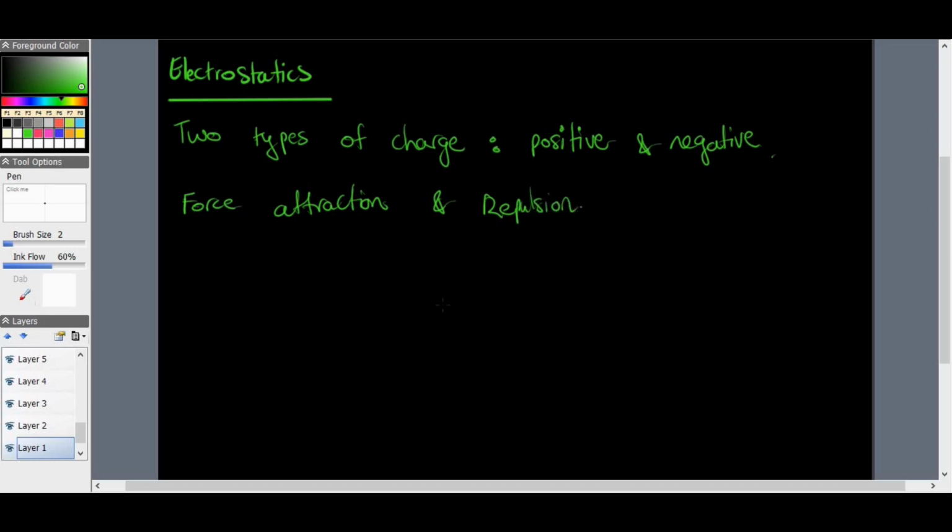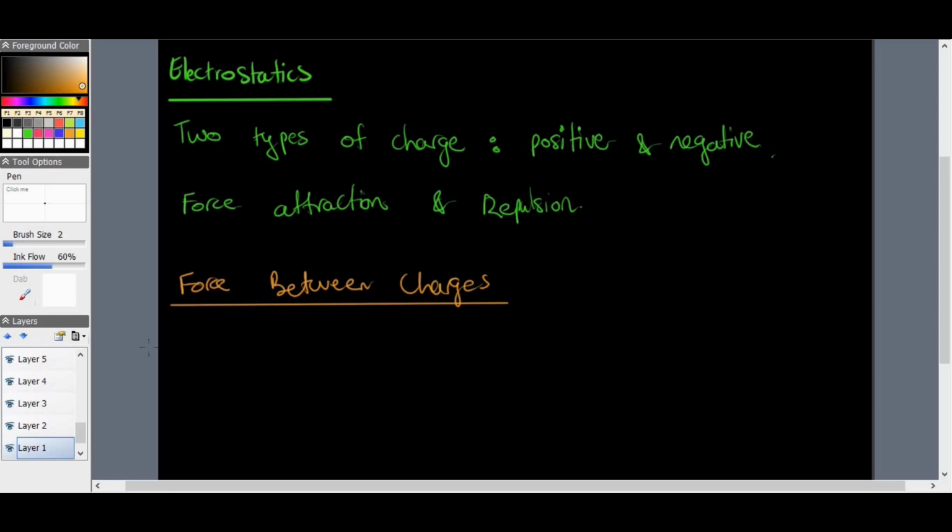Now let's have a look at another heading, which is called the force between charges. Objects exert forces on one another. When two objects have the same charge, they repel, and of course when they have opposite charges, they attract.